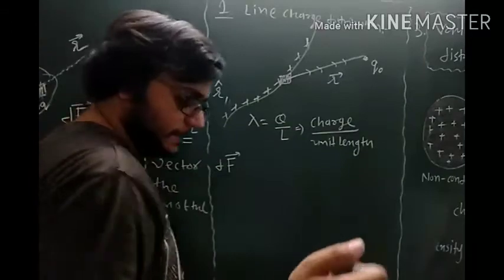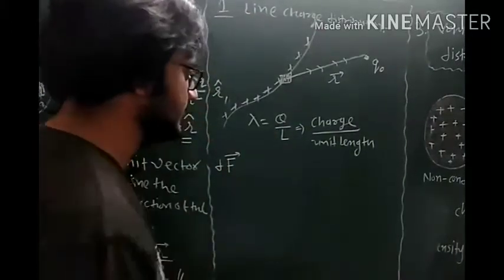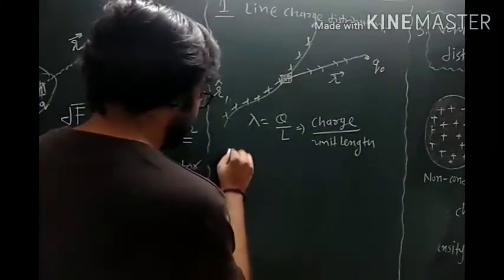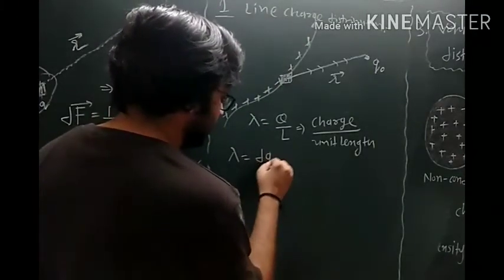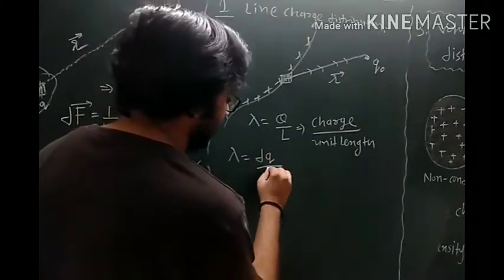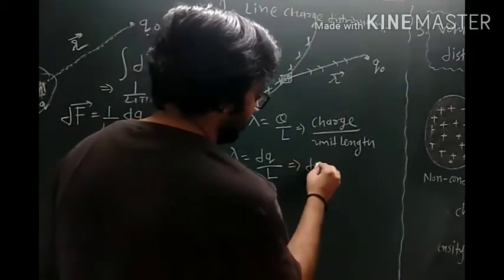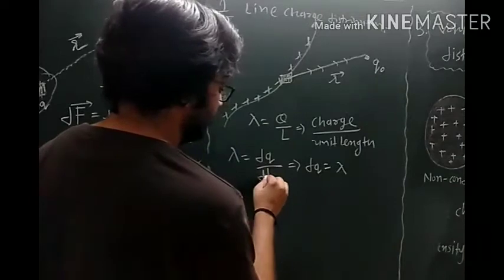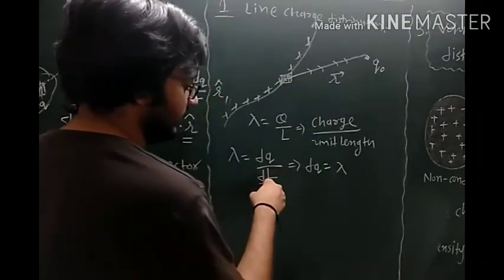Here we can write lambda is equal to small charge dq upon the length L. So small charge dq is nothing but lambda into, here we can take a small length, so we write dl.